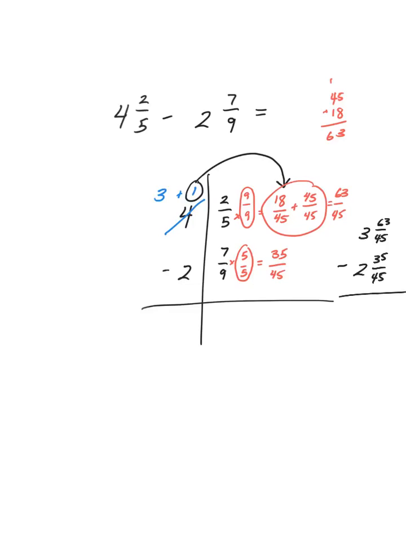So I'm going to now take my 63/45, subtract my 35/45. If I need to do that out to the side, I can. Do some regrouping there. And I have 28/45. Now I'm ready to take away my whole numbers. 3 minus 2 equals 1. So my answer is 1 28/45.